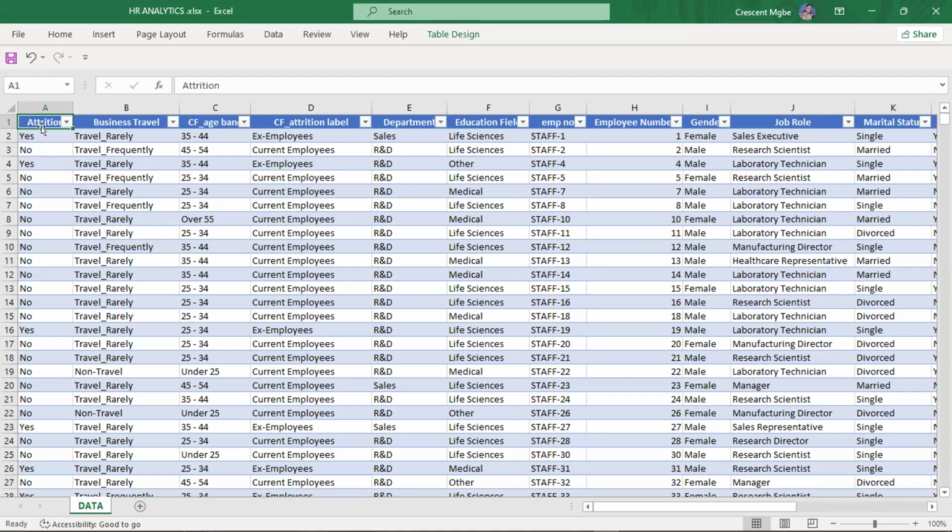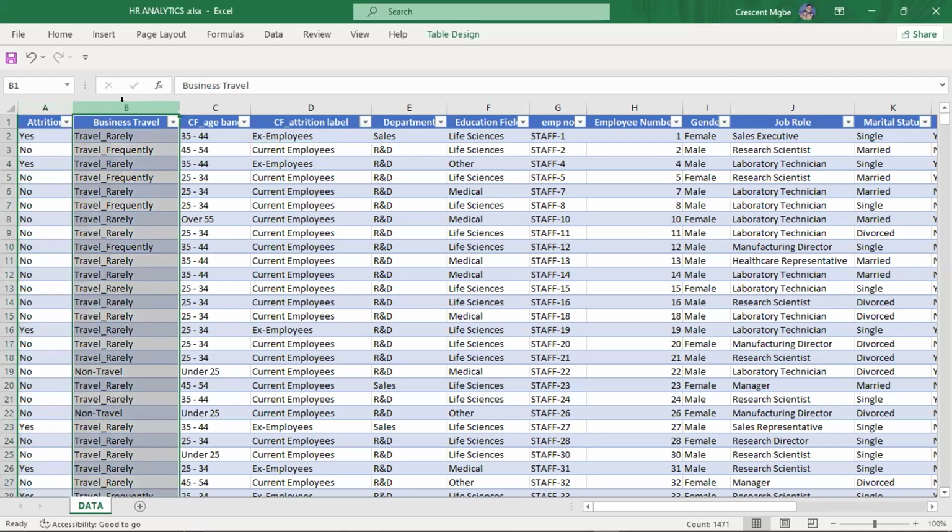So it means the number of staff that has left. For example, if you look at this number one person that says yes, attrition means has this person left this organization either through resignation or retirement or so? It said yes. If you look at this place, it says ex-employee. It means they've left this organization. So that's what attrition here means.